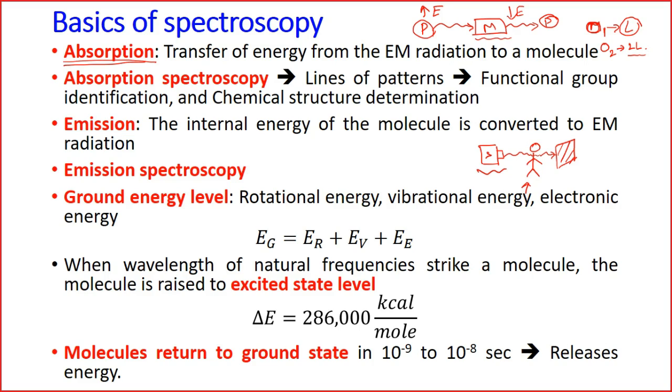Next, I have talked about a photon, right? Now one photon can have only one energy, right? When one photon has one energy, that means it is a monochromatic radiation.